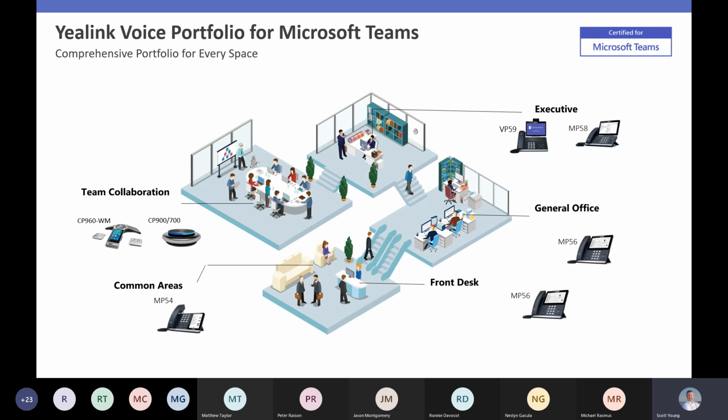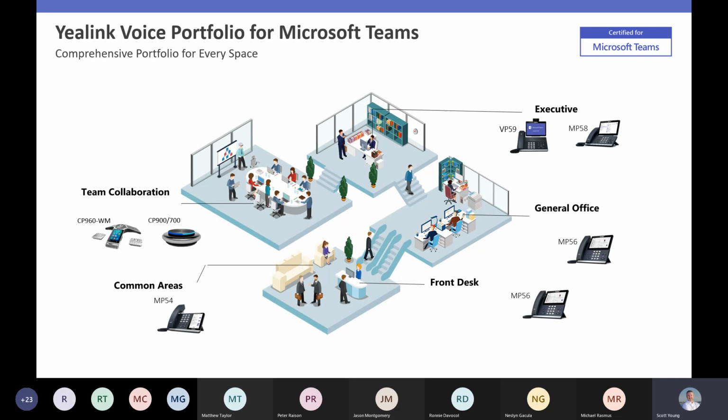We've got USB speakerphones for personal collaboration, and we've got the CP960 or CP960WM, which comes with the wireless mics that can also be used for audio collaboration. So there really is a solution for every single application that businesses might have.